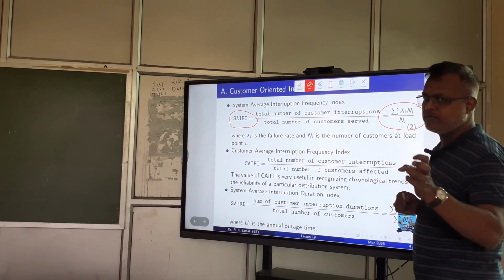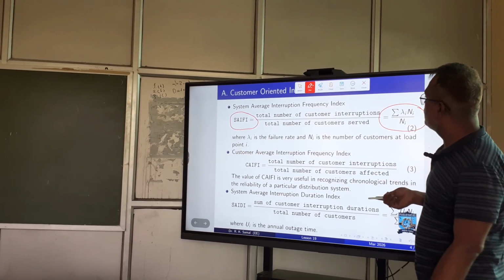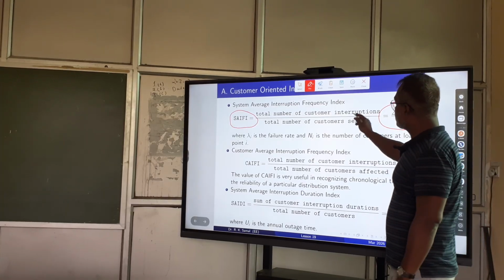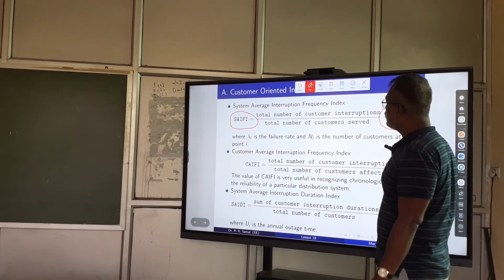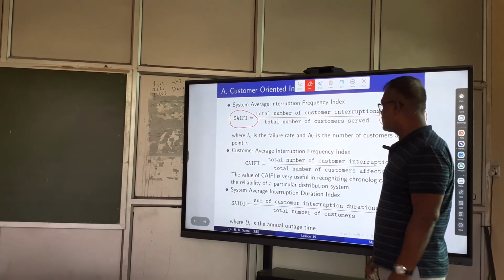Just write down the abbreviation and the formula. This is basically the total number of customer interruptions divided by the total number of customers served. No need to write down the details, you can read them.